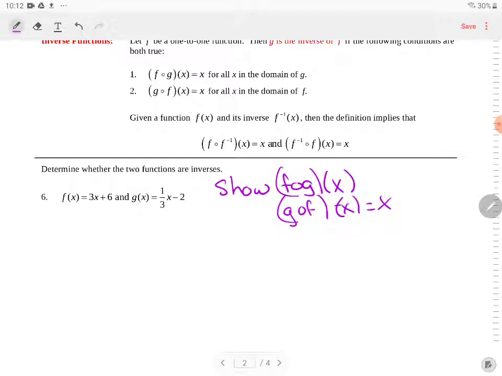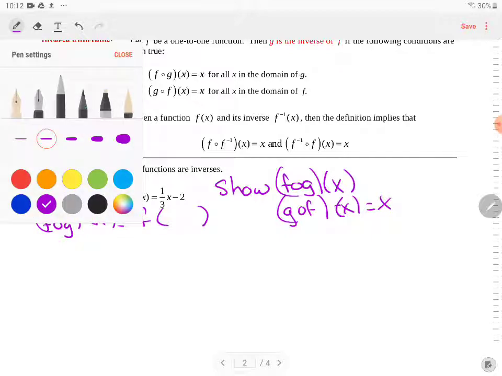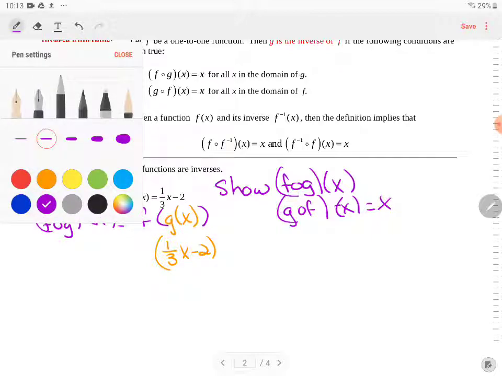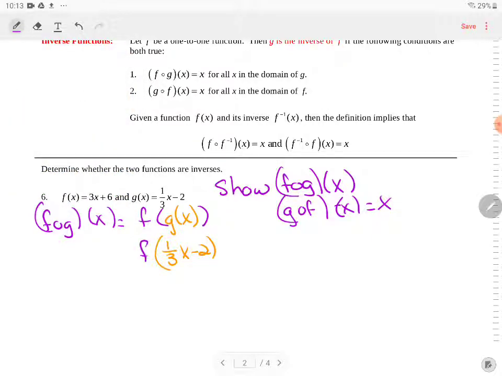Now, if the first one doesn't work, we're done. So let's check out f o g of x. That's equal to f of g of x. We'll write down what g is, 1/3 x minus 2. Notice we still use the f function first. Order is important here.